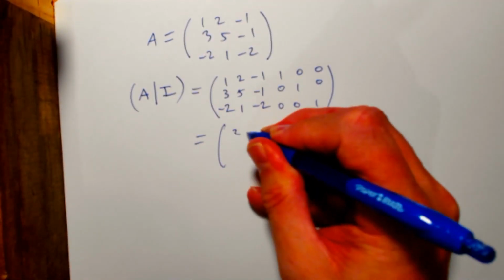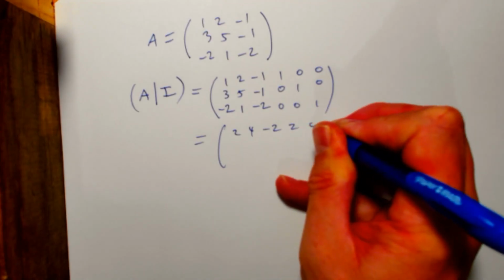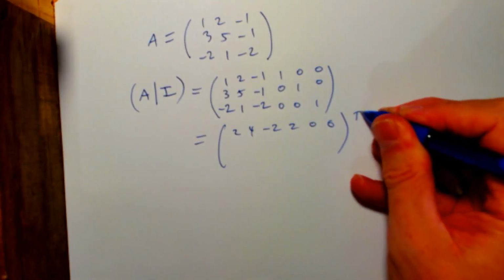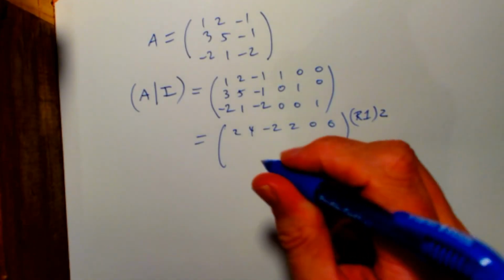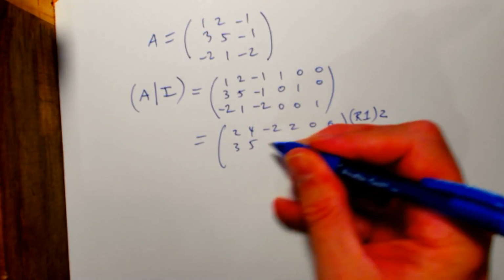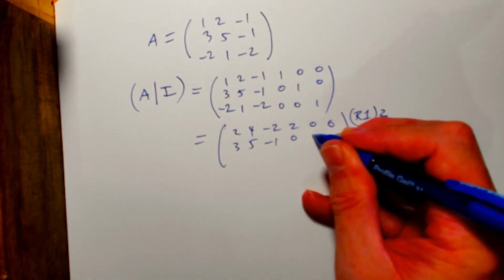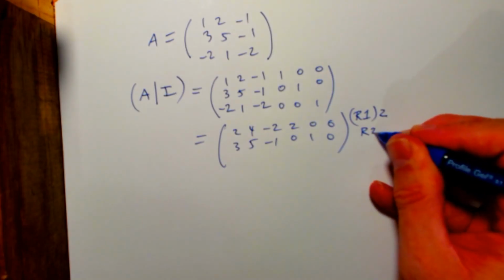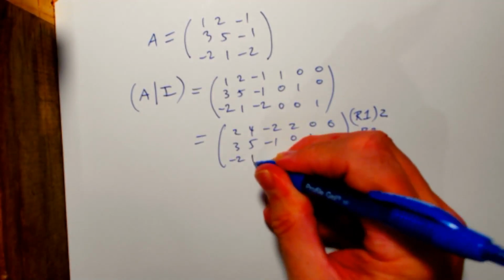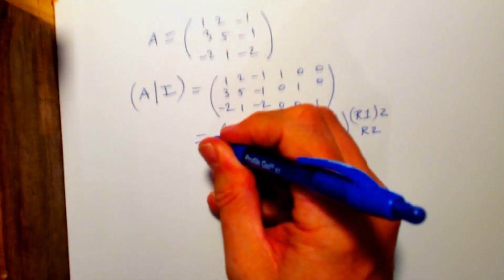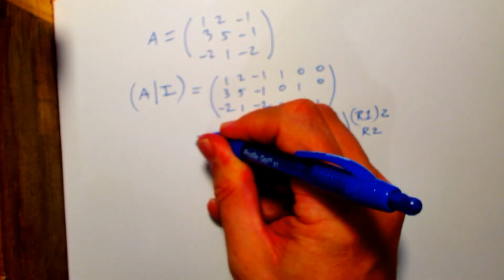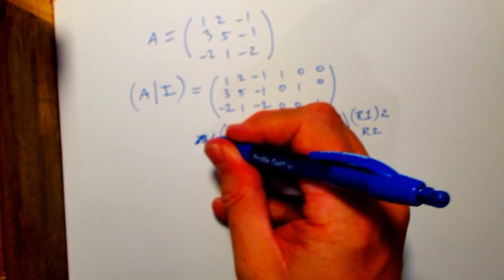So that'll be 2, 4, minus 2, 2, 0, 0. And that's row 1 by 2. Copy down the second row the same, and then the third row the same as well. And this should be tilde, not an equals.